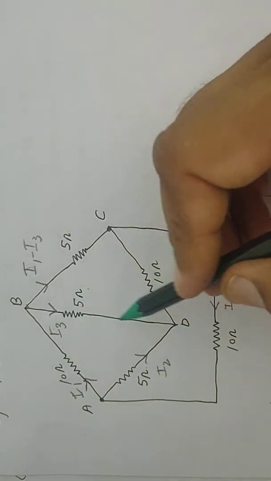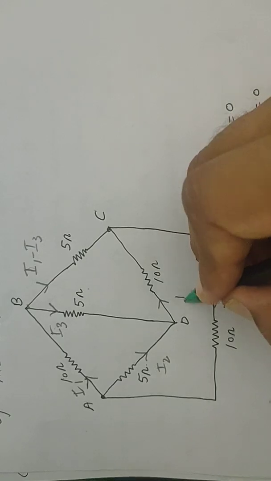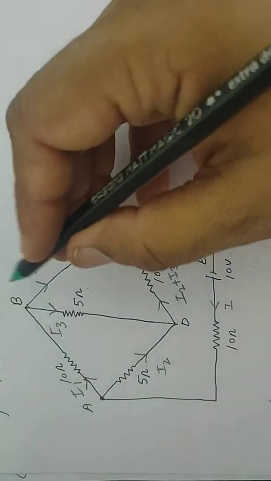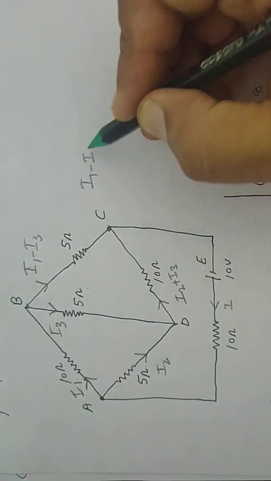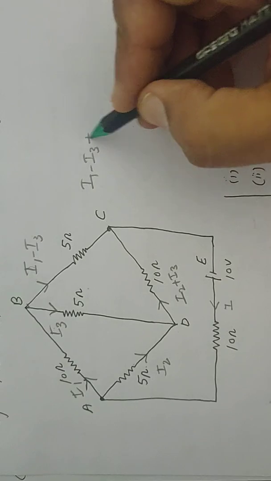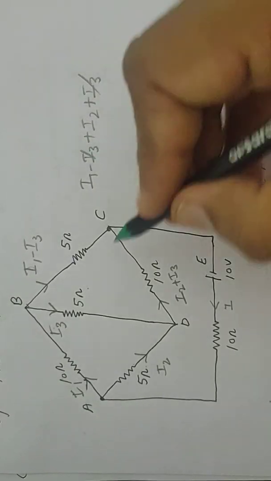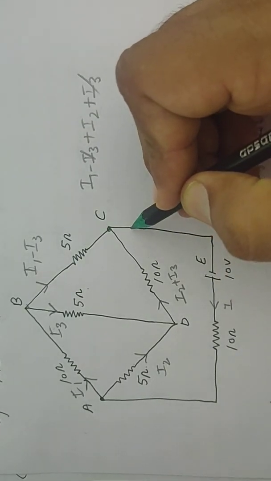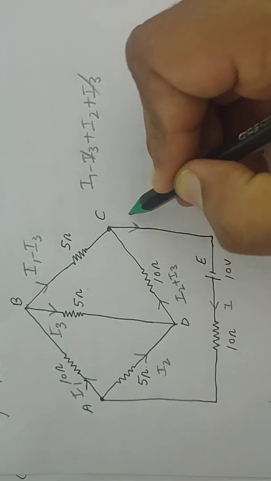Here I3 current is coming, I2 current is coming, so in this direction I2 plus I3 current will flow. Here I1 minus I3 is coming, here I2 plus I3, so I3 cancels. So at this junction we get I1 plus I2 current flowing, and I1 plus I2 is equal to I.